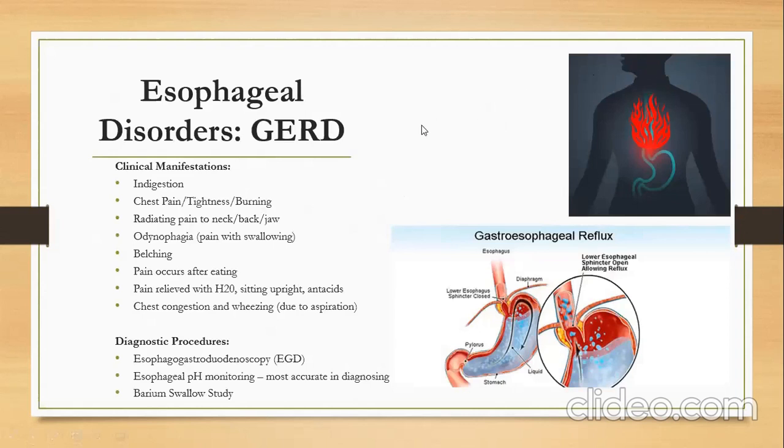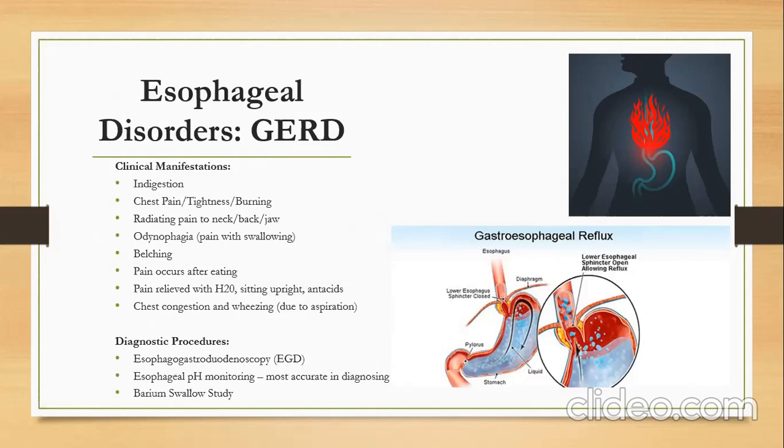No? All right. GERD. So, clinical manifestations, meaning signs and symptoms, what the patient's going to describe and what you're going to see. They're going to complain of indigestion, aka heartburn. They're going to have this chest pain.